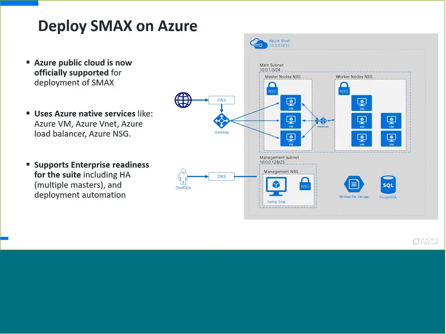You will see here on this slide, the way it really works in terms of architecture is we have the traffic to the suite, which comes in via an Azure load balancer. And the first thing it does is it talks to the master nodes NSG, which is network security group, and it could talk to one of the 3 master nodes.